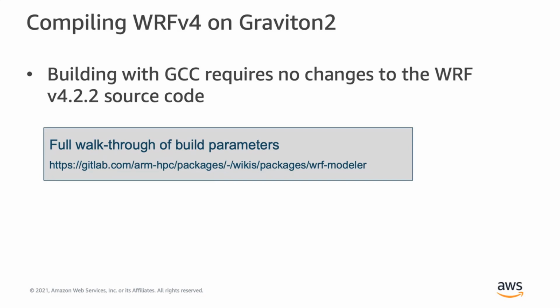I'm not going to put all of the configuration options here, but the ARM HPC site has some of the configuration parameters that you're going to find that will give you higher performance. Some of that's just going to come from saying, make sure you optimize for the Graviton processor, and not for any generic ARM processor.